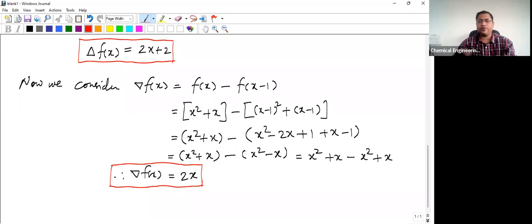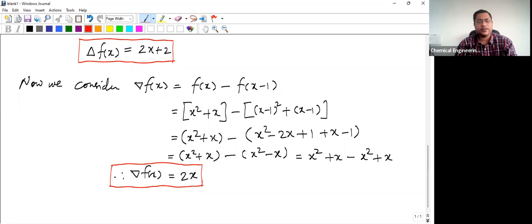If I know that there is a certain term which is in error, and if I know the degree of the polynomial which approximates those values, then we have to understand that suppose we have an nth degree polynomial, then the nth difference will be constant.